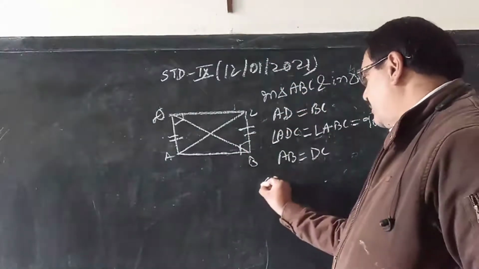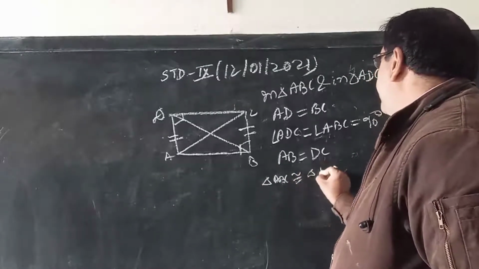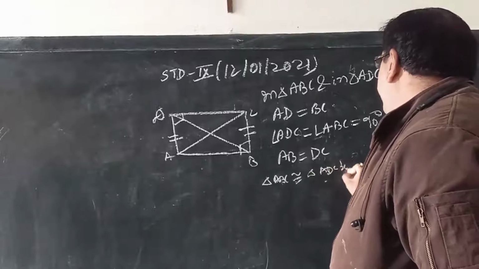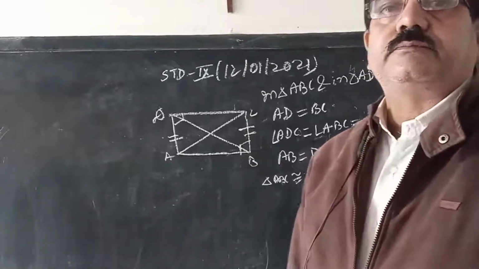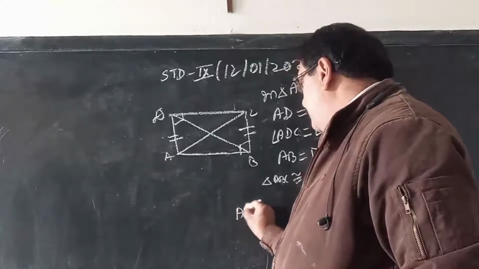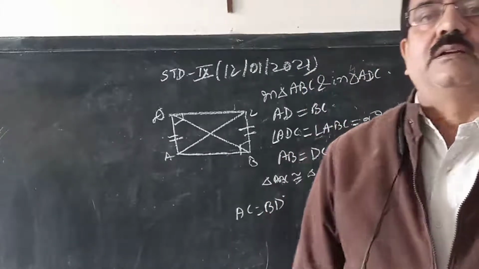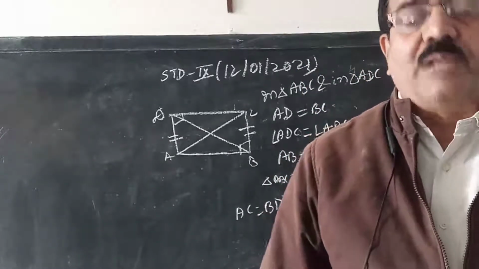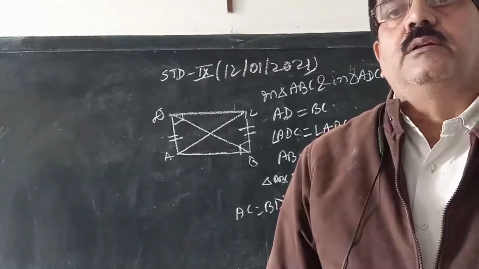Hence triangle ABC is congruent to triangle DCB by SAS. When congruent, AC will be equal to BD by CPCT. So we prove that the diagonals of a rectangle are equal.